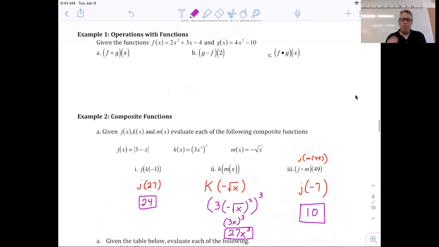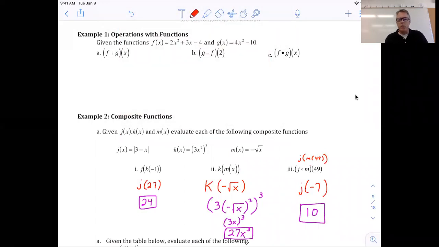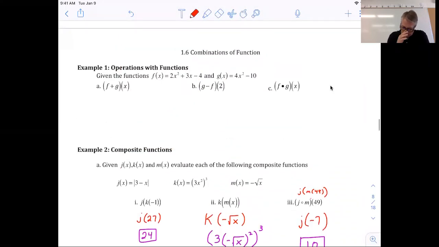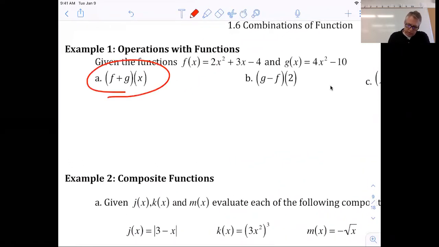All right, I'm going to move up top to the operations of functions, because operations of functions work, I think, a little more intuitive. It kind of works how maybe you would think it would work. If we wanted to find f plus g of x, that just means add the 2 functions together.